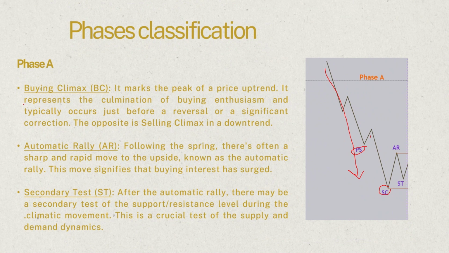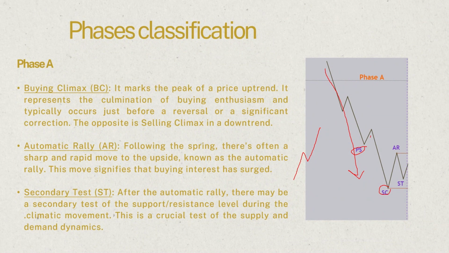All right. So the buying climax is the peak of an uptrend. In the case of an uptrend, you have preliminary support, then you have your buying climax, which is characterized also by an increase in volume activity.